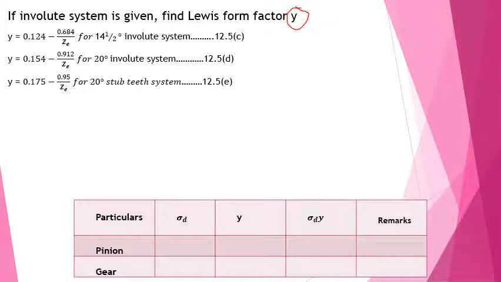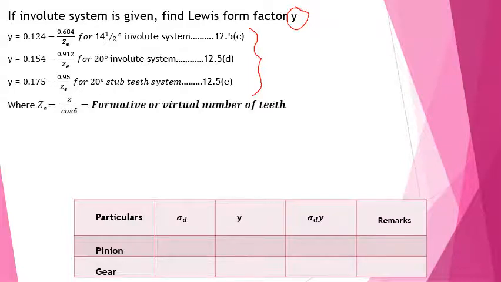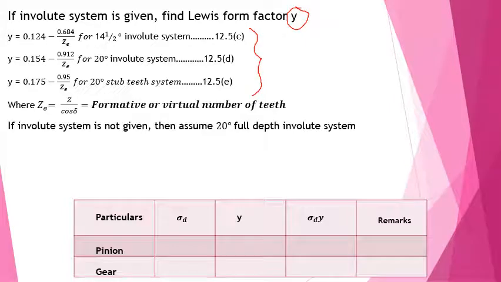So these are the equations which give the Lewis form factor based on the tooth profile. And formative number of teeth is given by Z is equal to Z by cos delta, where delta is the pitch angle. So if the involute system or type of the tooth profile is not given, then we can assume the 20-degree full depth involute system, which is widely used.